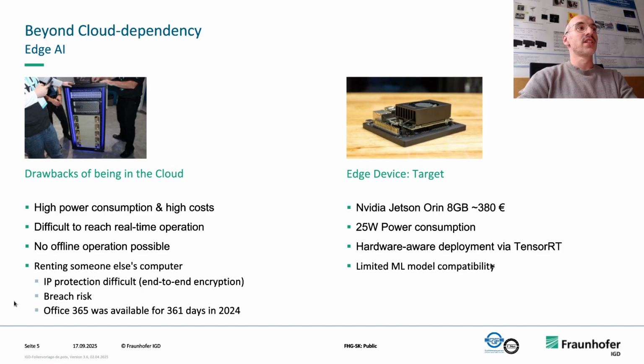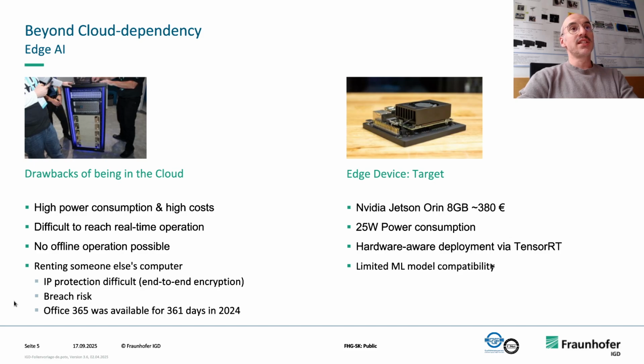For this, you typically need some kind of end-to-end encryption to transfer your data to the cloud. But even if you do end-to-end encryption, you still need to decrypt your data to actually do the computation on them. So this opens your data up to breach risk. If somebody enters the data center while your data is currently being computed on, they can just access it by accessing the machine.